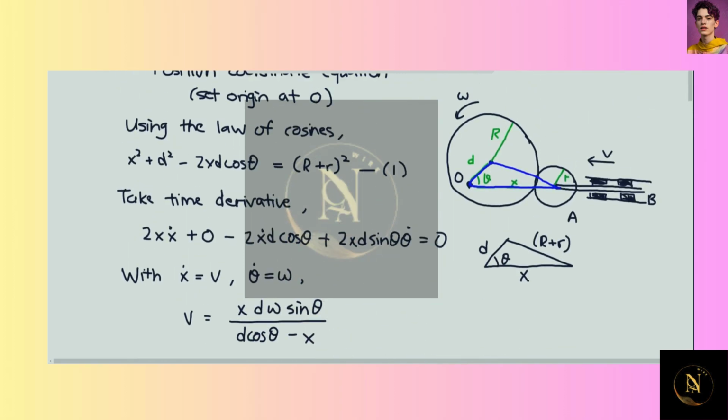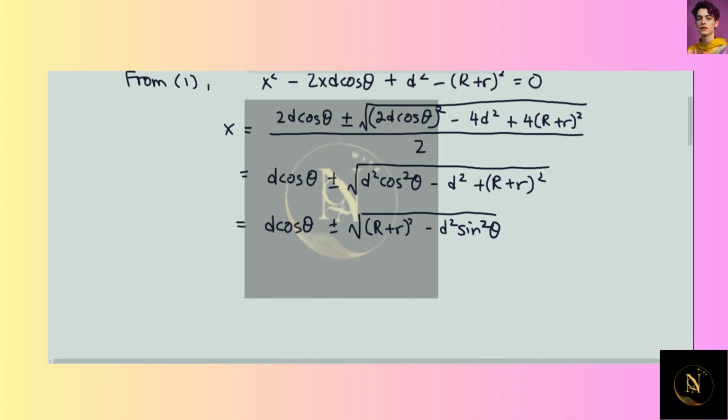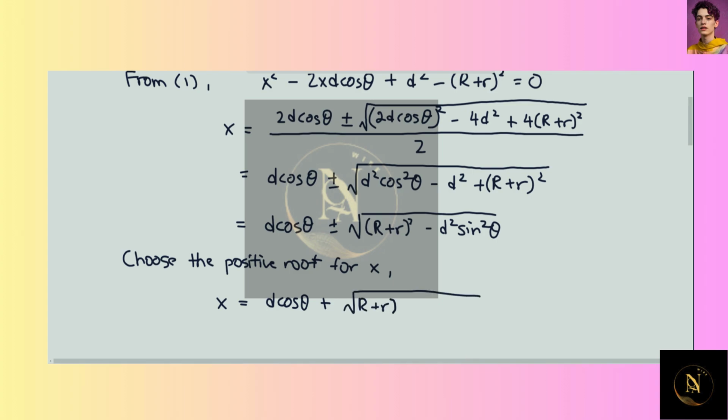Based on the diagram, I'm going to choose the positive root for x, so x is equal to d cosine theta plus the square root of (R plus r) squared minus d squared sine squared theta.